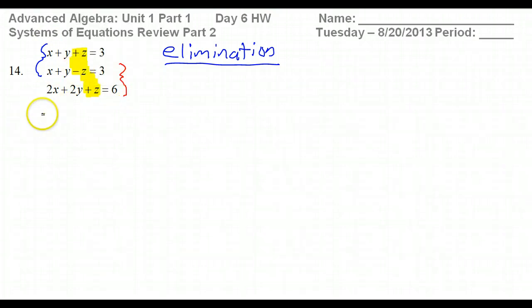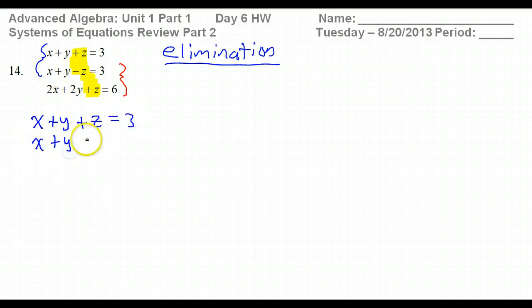I like to just recopy so everybody can follow. So the first two equations are x plus y plus z equals 3, and x plus y minus z equals 3. Seeing a lot of similarity. Something strange is probably about to happen. Okay, so that's the first pair.